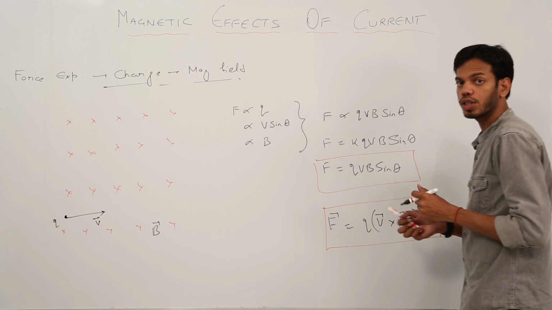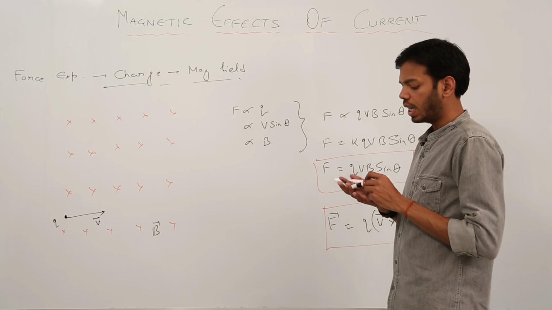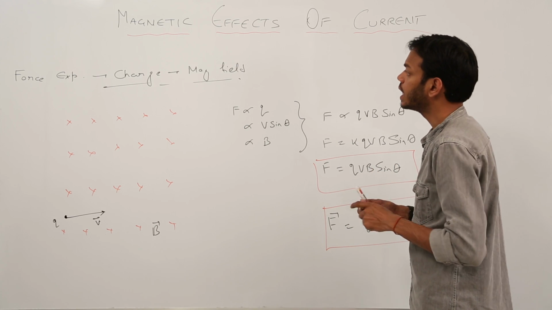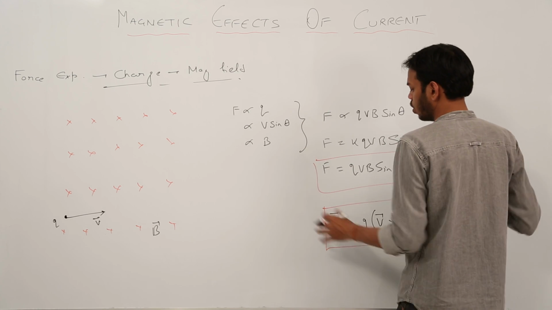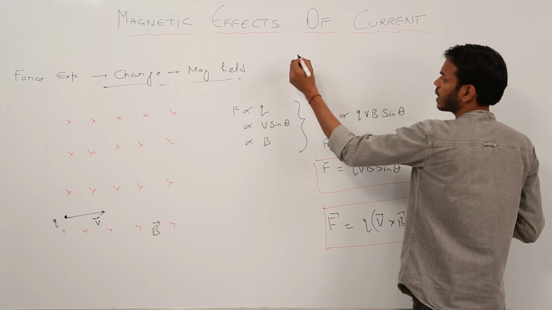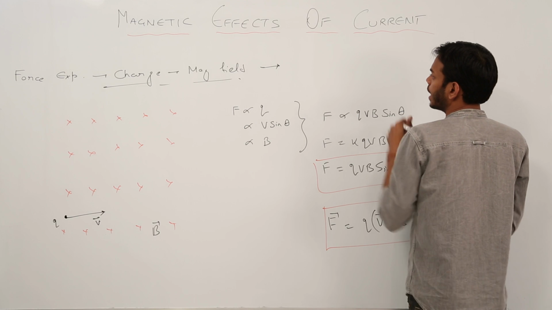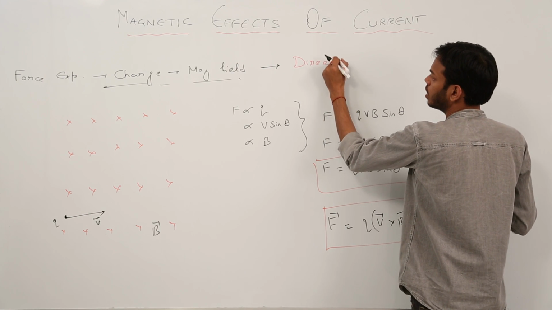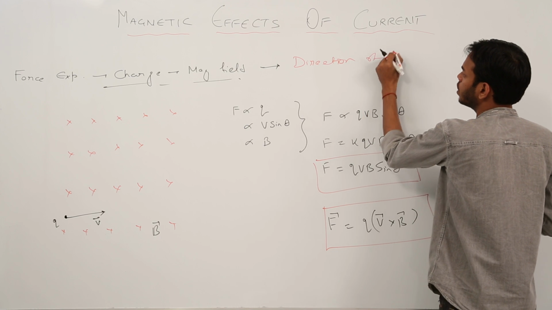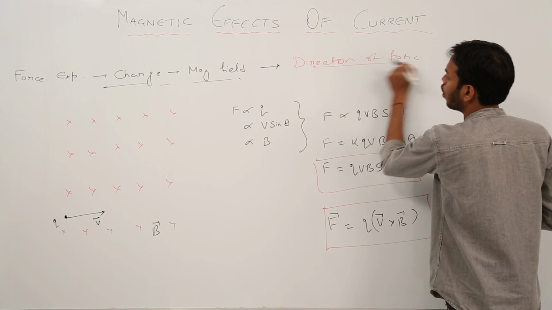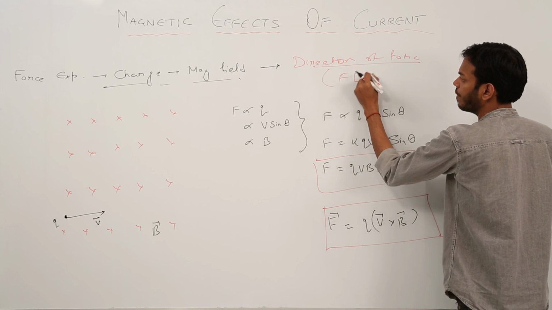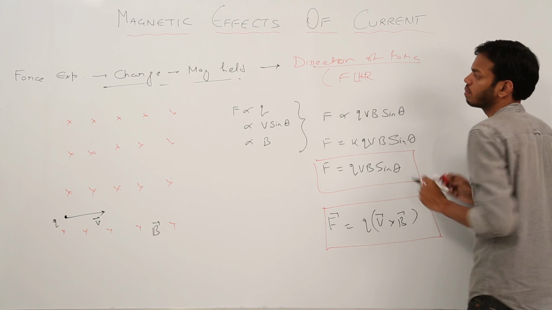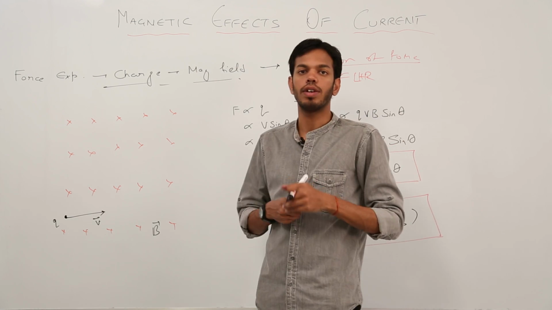Now we have another direction formula method, which is called Fleming's left hand rule. This is the magnitude of force, where the direction of force is given by Fleming's left hand rule. Okay, what is the left hand rule?